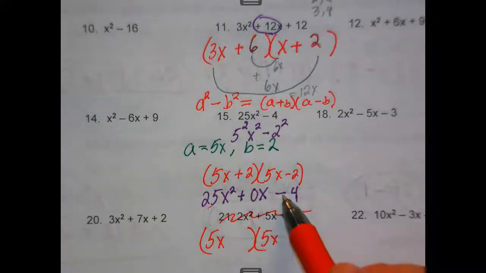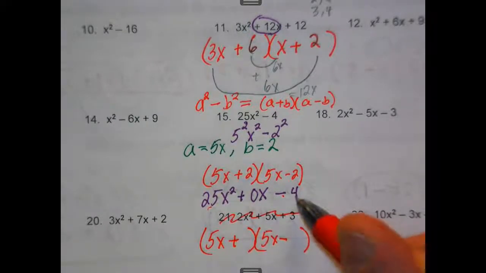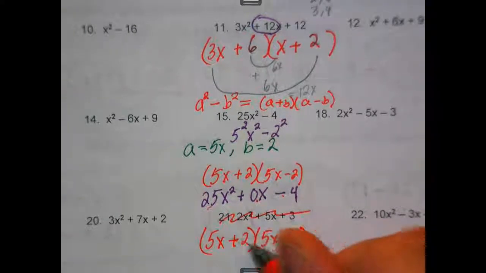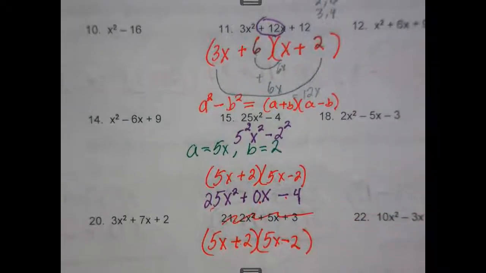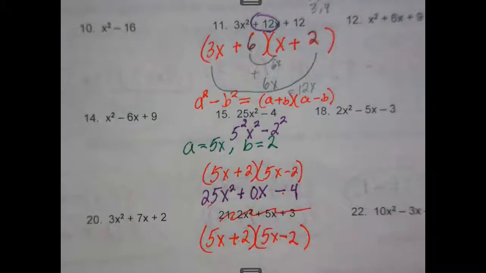You're multiplying to a negative, so one has to be positive, one has to be negative. And the factors of 4 are 1 and 4 and 2 and 2. Now remember, they're going to subtract because they're opposites here. You're going to have to subtract the same number to get 0. So it has to be 2 and 2. Okay. You can do it this way, it's just longer than if you remember the formula.